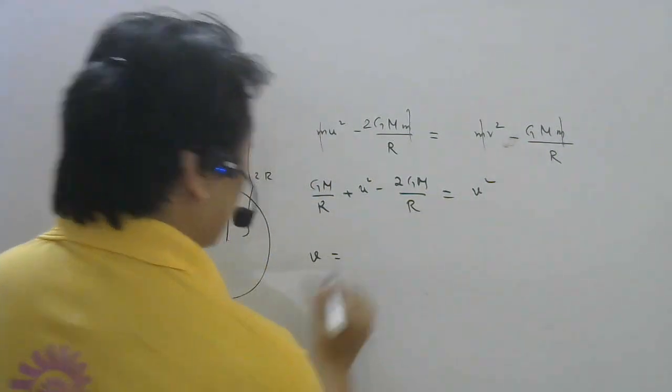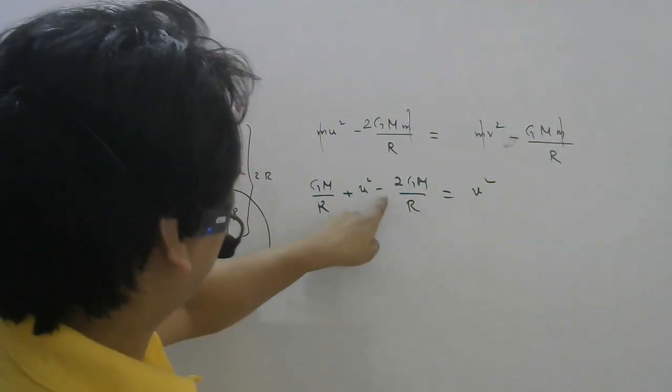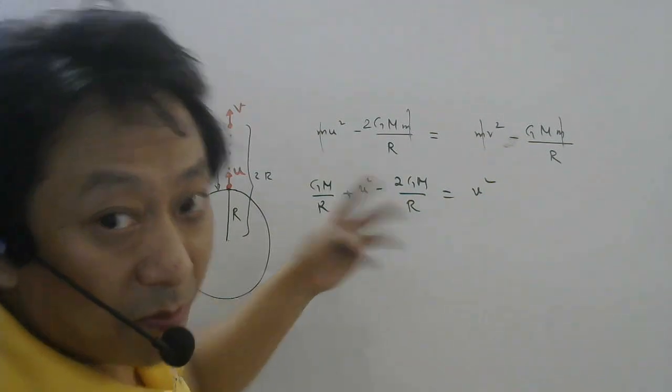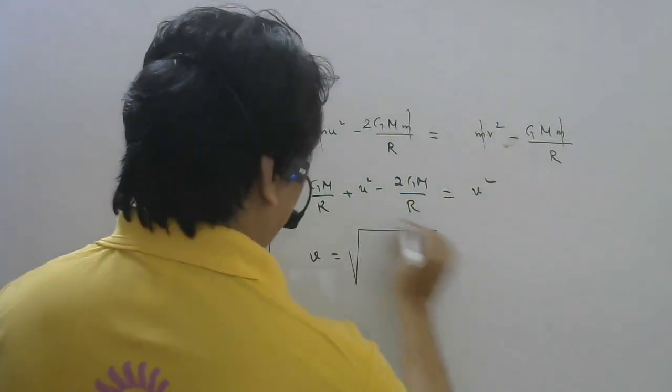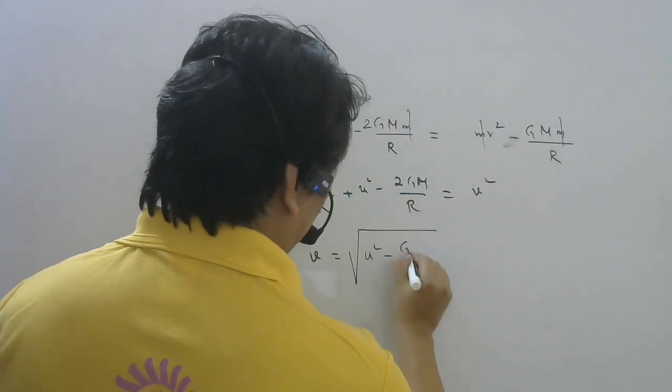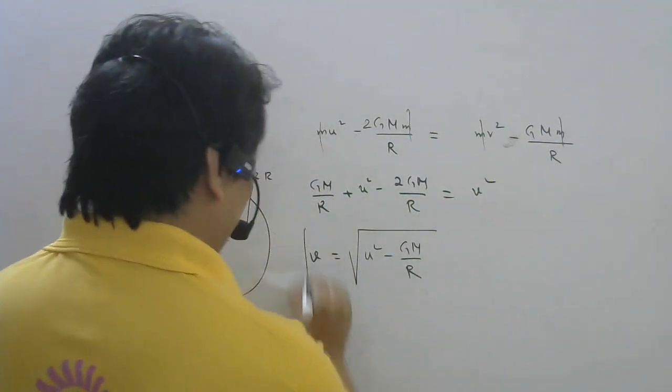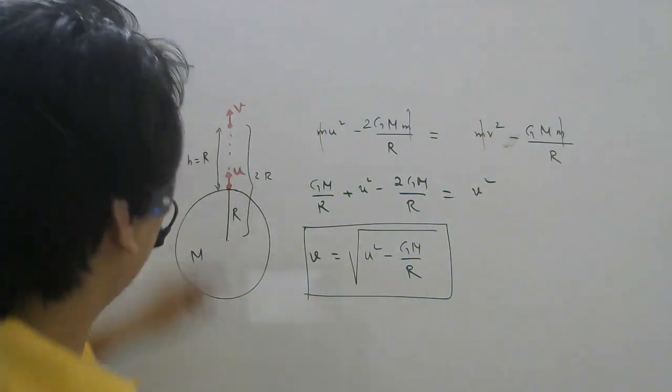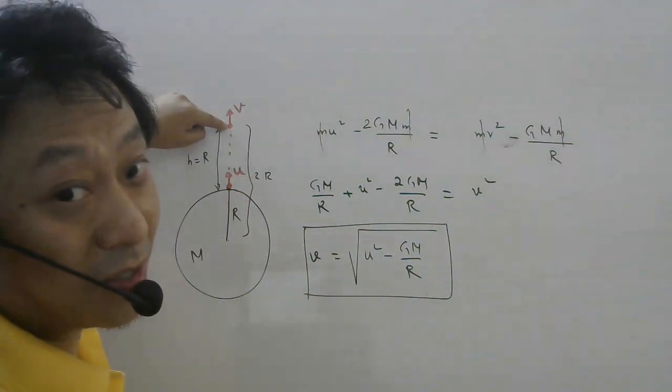So v will be root over u square plus, GM by R minus 2GM by R will be minus GM by R. So root over u square plus 1 minus 2 is minus 1, so minus GM by R. So this is your velocity when the satellite reaches this height.